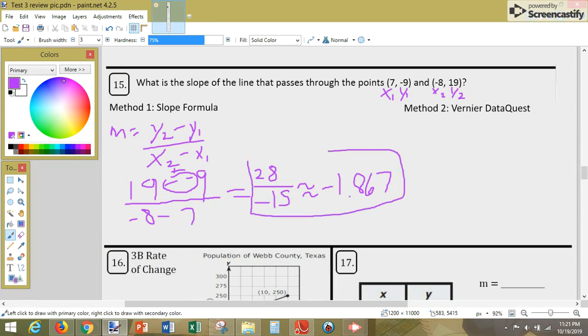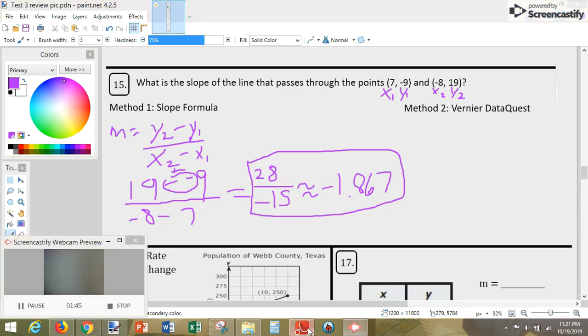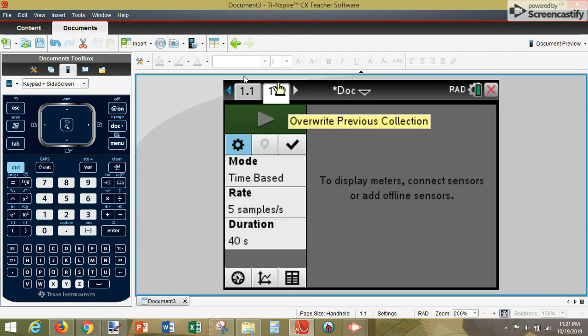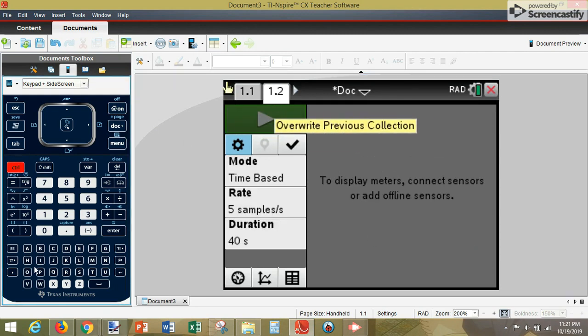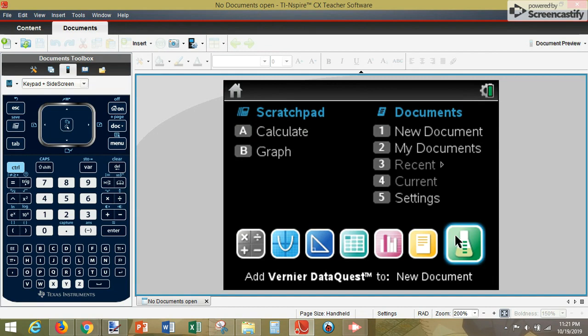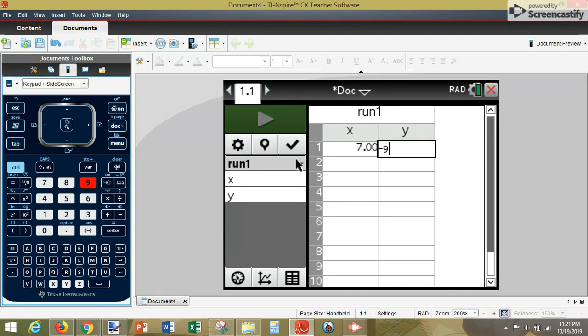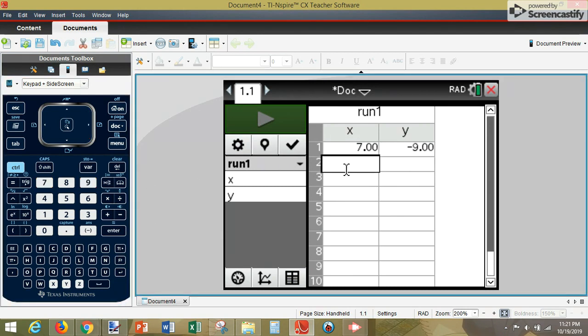You'll need that approximation for the second method, Vernier Data Quest, since they give you that in decimal form only. To do that method, we press the green beaker. Let's close out the tabs. Control W, no. Click the table, put in the 2 points. Our first point is 7, negative 9, so that goes in the first row.